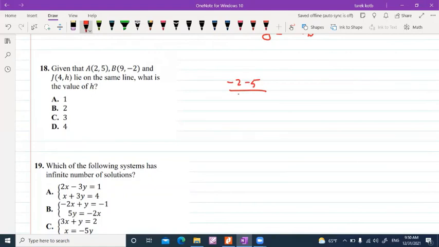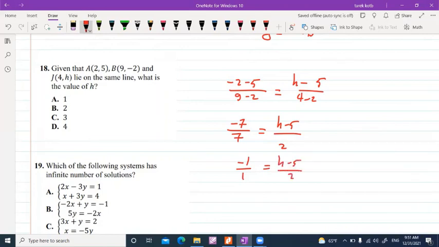It's the same slope if you get it by the first and the last point, which is h minus 5 over 4 minus 2. So negative 7 over 7 equals h minus 5 over 2. Negative 7 over 7 equals negative 1. Cross multiply, so h minus 5 equals negative 2. If you take the negative 5 to the other side, h equals 3.